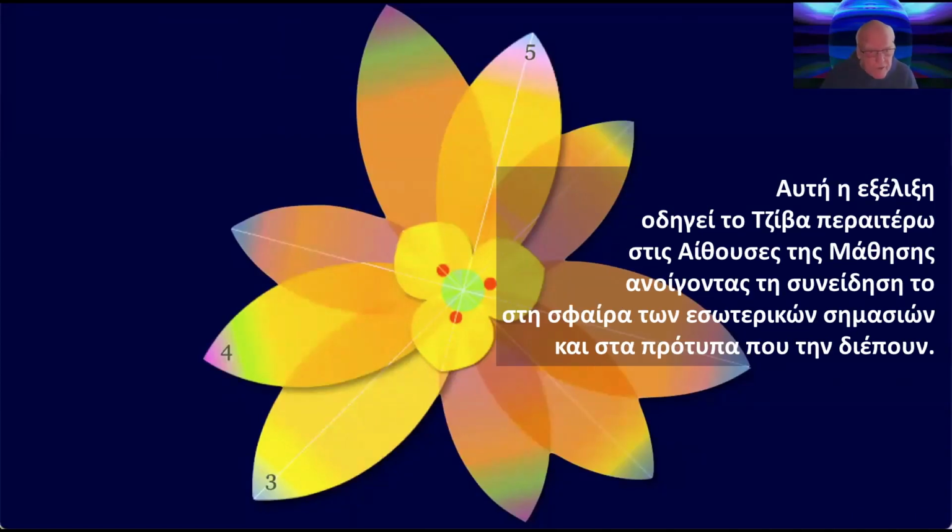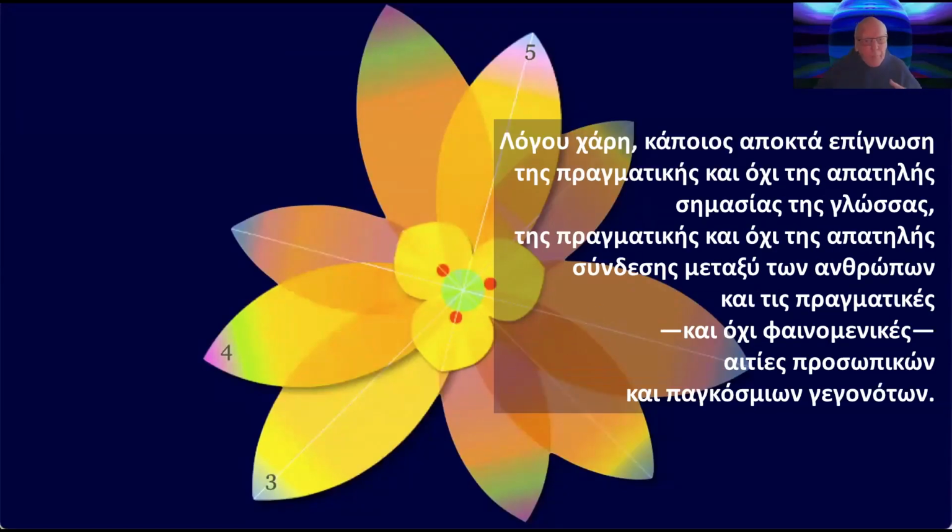This development takes the Jiva further into the halls of learning, which opens his or her consciousness to the realm of inner significance and the patterns that determine this significance. For example, one becomes aware of the actual rather than the illusory meaning of language, the actual rather than the illusory connection between people, and the actual rather than the illusory causes of personal and global events.